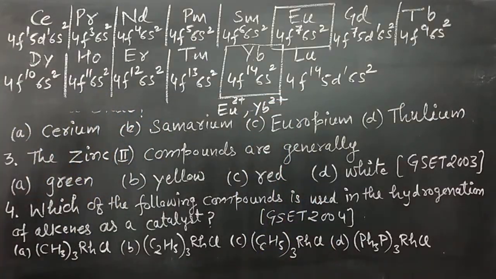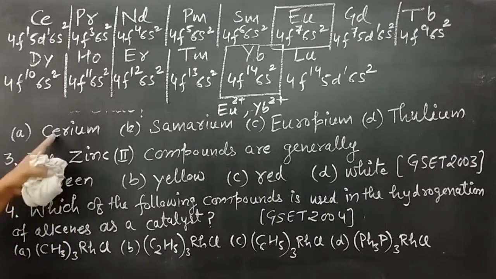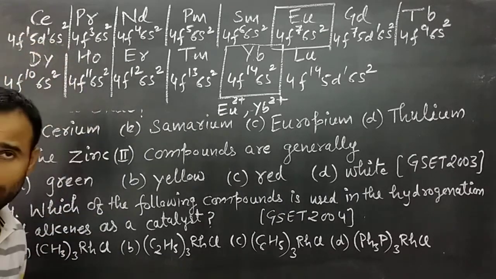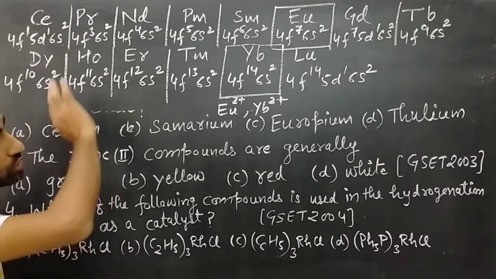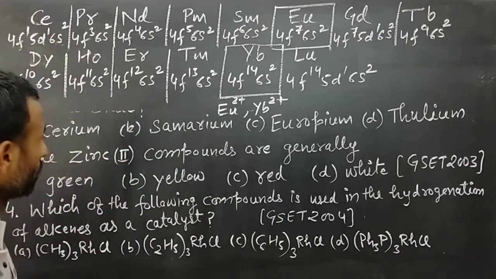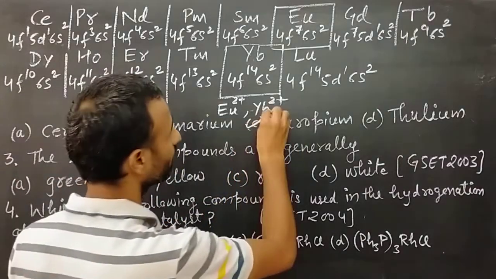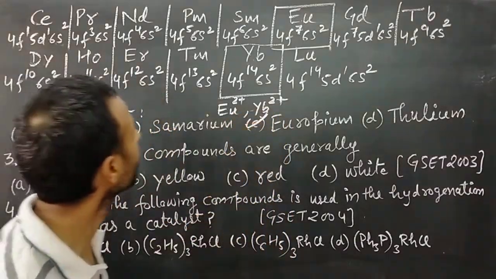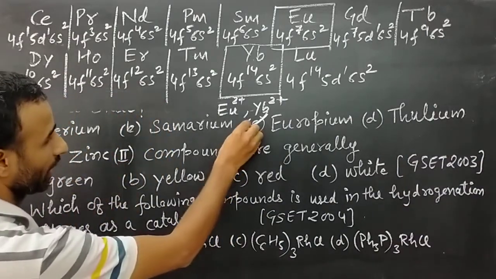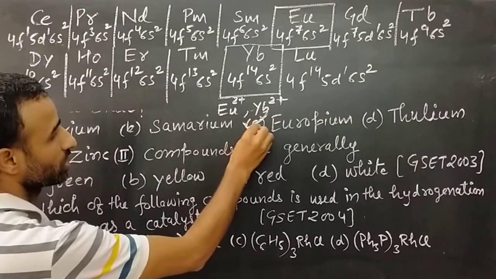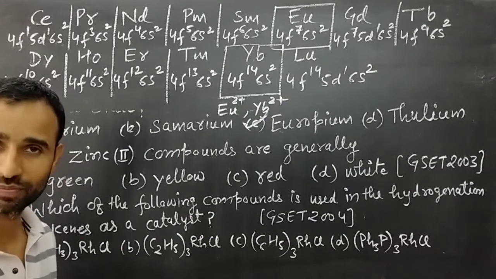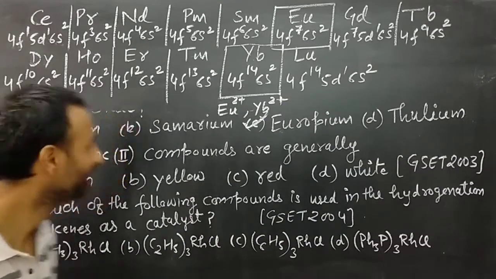Cerium's most stable state may be +4. The general oxidation state of all lanthanoids is +3. So europium is the right option. For the second question, the divalent state is most stable for europium.